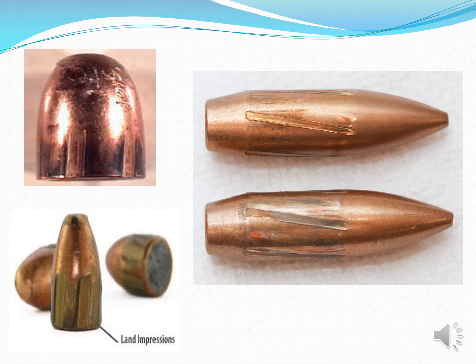These are bullets of different types of weapon. This one, of a long weapon such as a surface rifle, we call long and pointed. Okay. And this is another type of bullet present in a short weapon. It is short and blunt. Okay.